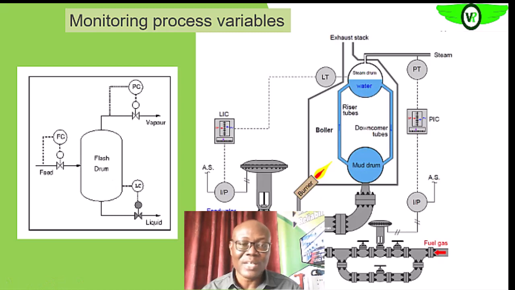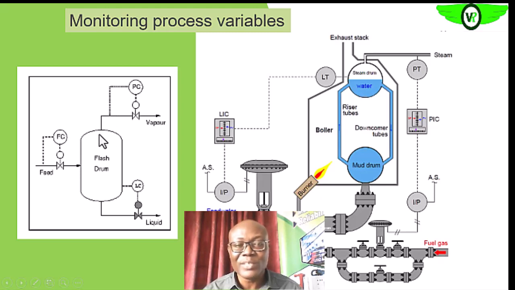Then remember too that some of the lighter end of the feed that are flashed out will definitely tend to increase the pressure of the vessel, okay, above the liquid. So as that is happening, the pressure here is increasing. When the pressure increases to a level, okay, we need to relieve the vessel of that pressure.